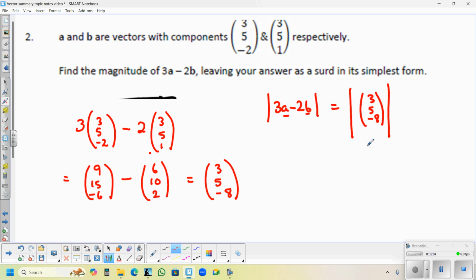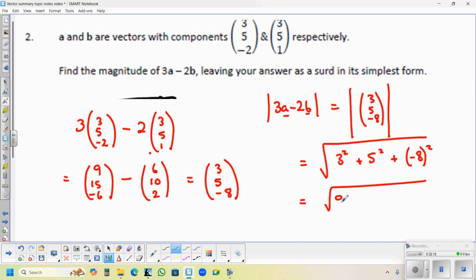And same rules, it's equal to the square root of 3 squared plus 5 squared plus, put it in a bracket because of the negative sign, negative 8 all squared. Dead easy. 3 squared is 9, 5 squared is 25, and negative 8 times negative 8, 8 8s are 64, and it is going to be positive. So that gives us plus 64.